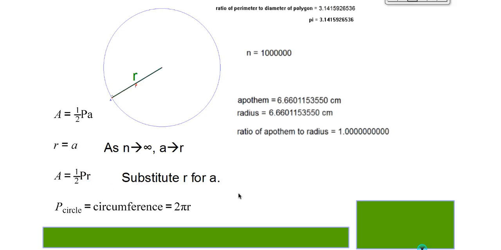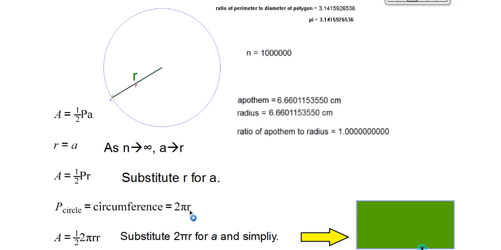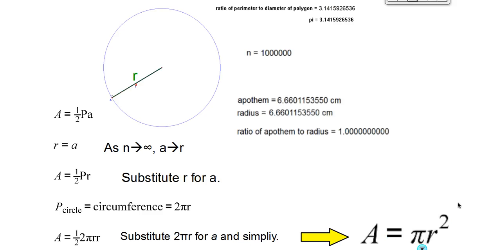As things got very big in terms of the number of sides, not only did the apothem approach the radius, but the perimeter approached the circumference. So we substitute 2 pi r in for perimeter. We have the 1/2 from the formula, and we have r for apothem, and so now all we need to do is simplify, and we get pi r squared, the area formula for a circle.